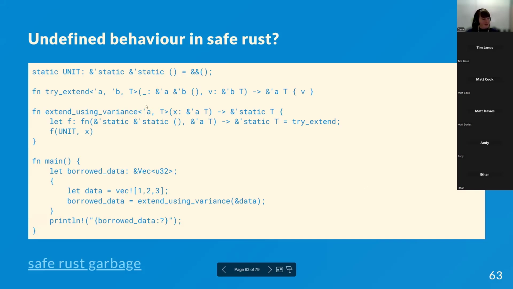I'll try and explain it a little bit. In the case of parameters, if I have a parameter that takes a reference with a lifetime A, I can always pass a parameter that has a longer lifetime, for example, a static lifetime.